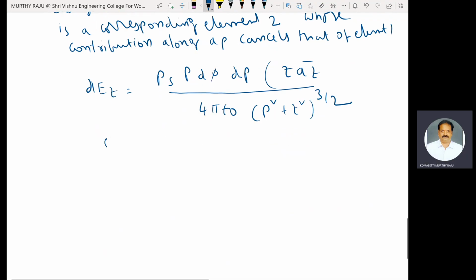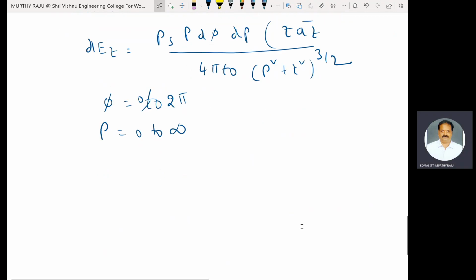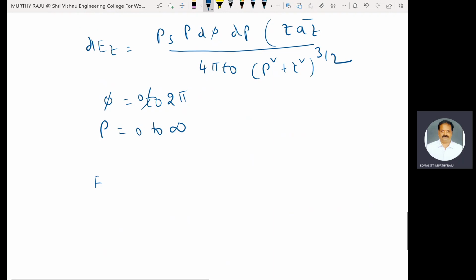Here phi goes from 0 to 2 pi and rho goes from 0 to infinity. By using these two limits, find out the field along the z direction.